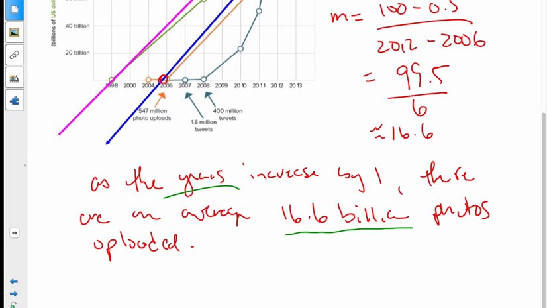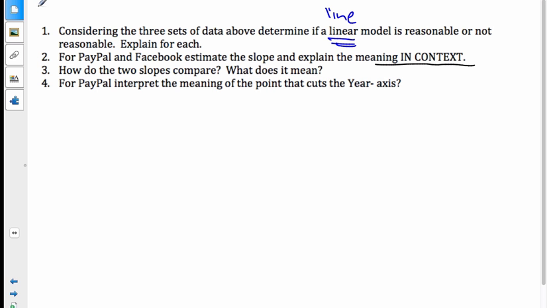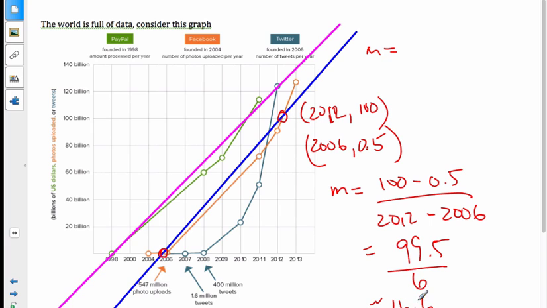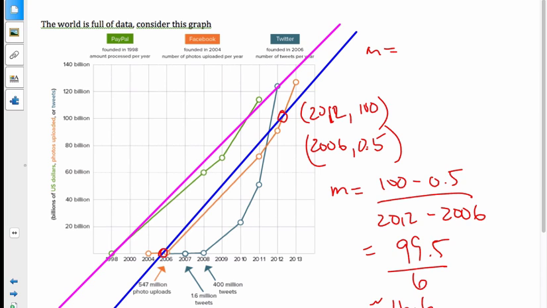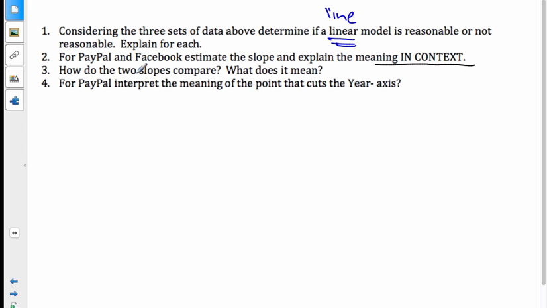And so if we look at the next question, where did it go? It's how do the two slopes compare, and what does it mean? Well, as Mr. Walker just said, this is 16 for Facebook versus 9. And I can even see by the slopes of the angles of these lines that the blue one is steeper than the pink one. And so what does it mean? How do they compare?